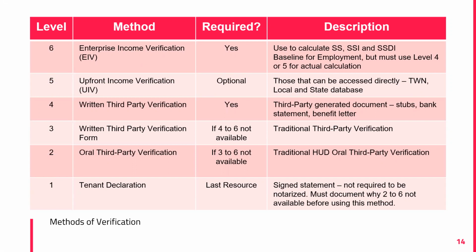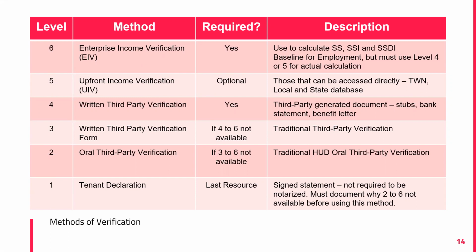Then we go to level 4, which, with the exception of EIV and UIV, is what we would normally get and want to see when we're doing the file review. These are third-party generated documents: stubs, bank statements, a benefit letter, something on letterhead showing the income or asset information that we're looking for.